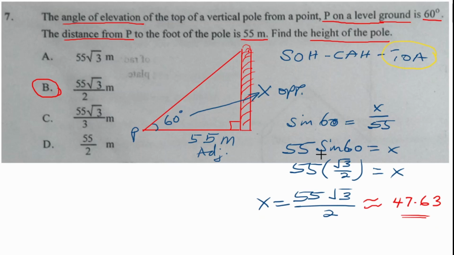When you plug this into your calculator, you are going to compare each of the options here to the answer you got, which is 47.63, and that will be your final answer. Whatever your calculator gives you for this, you have to plug each of these into your calculator, and the one that is equal to your answer becomes the correct solution. We move on to the next question.